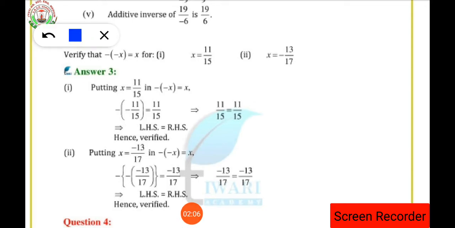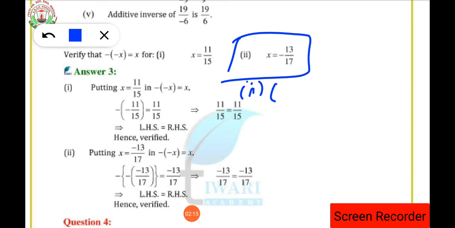Now in the second part, what is the value of x we are having? That is x is equals to minus 13 upon 17. So dear student, for the second part, what is the question we are having? We are having minus into minus x is equals to x, isn't it?